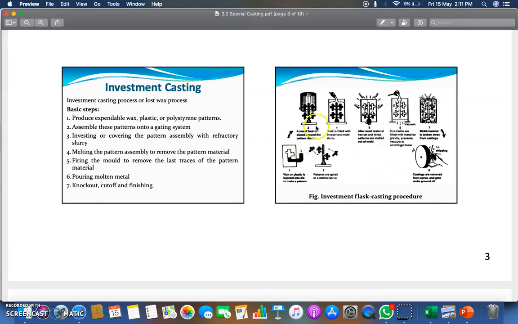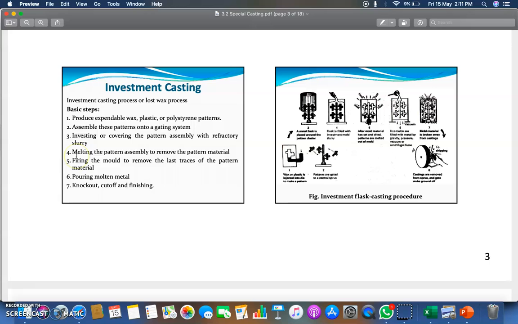As you can see in the picture, after preparation the flask is filled with the investment mold slurry. In the third step, you have to invest or cover the pattern assembly with the refractory slurry. We'll explain with the help of a diagram as well.